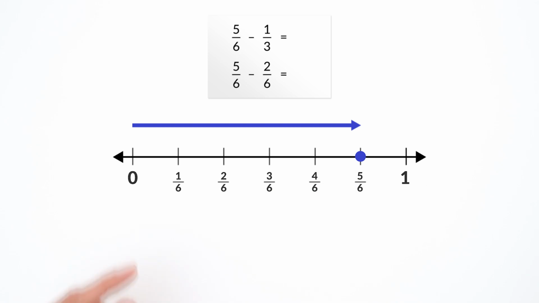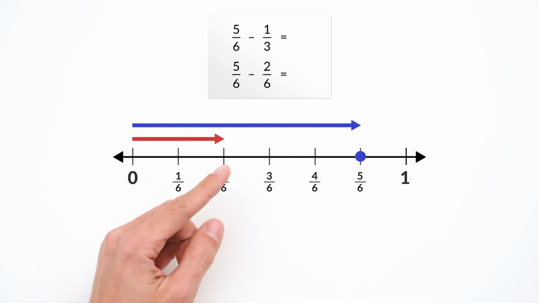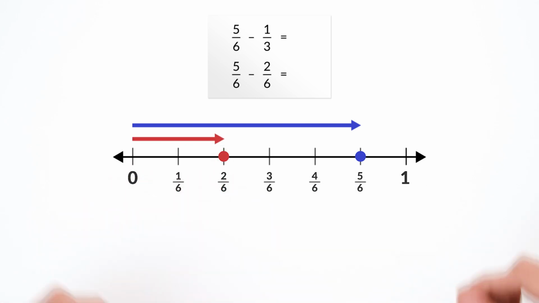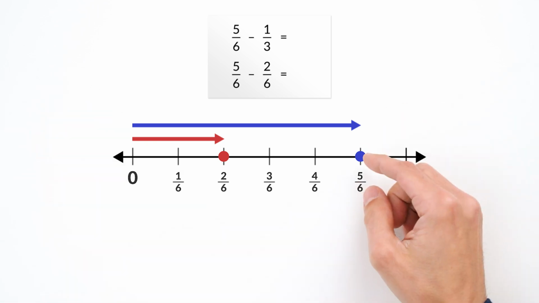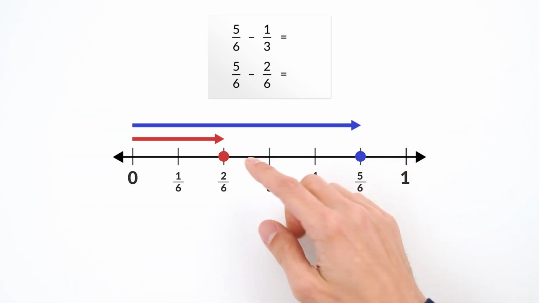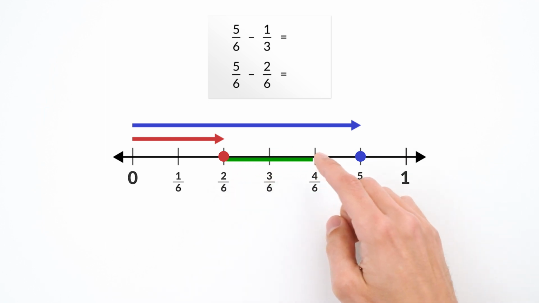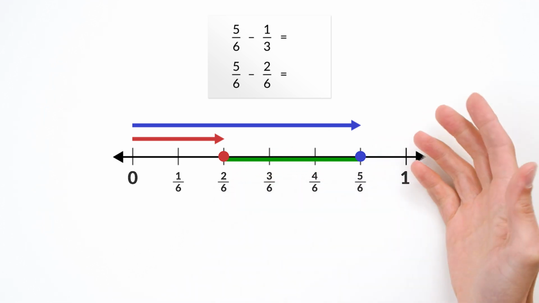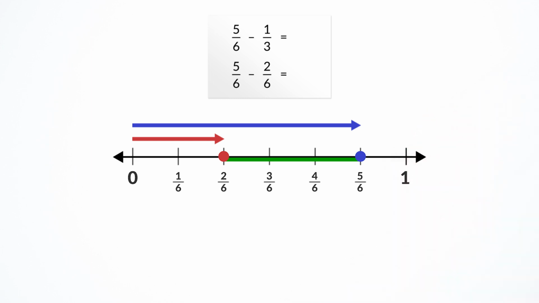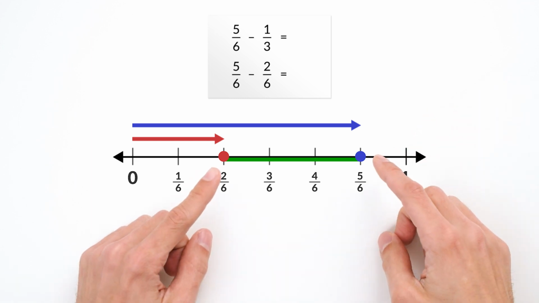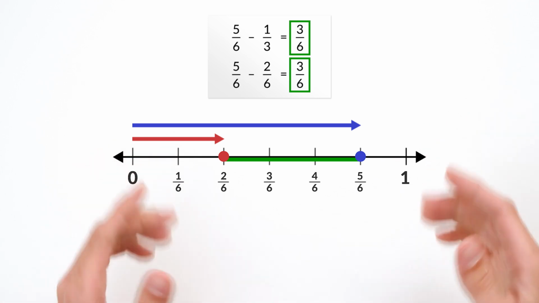Next, to show 1/3, I'll start at 0 and go a distance of 2/6. So how much further away from 0 is 5/6 as compared to 2/6? Well, I'll start at 2/6, and it takes me 1, 2, 3/6 to get to 5/6. So the difference between 5/6 and 2/6 is 3/6.